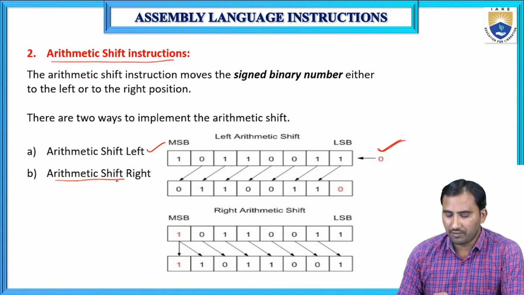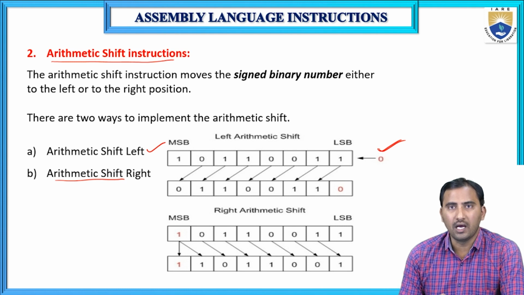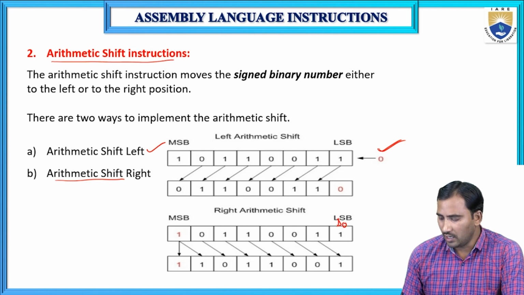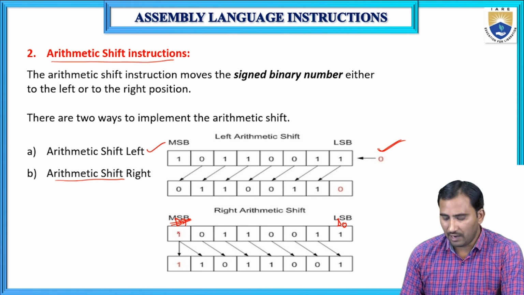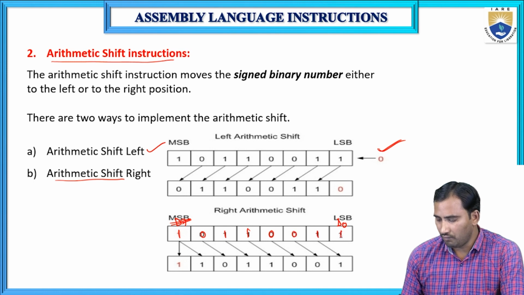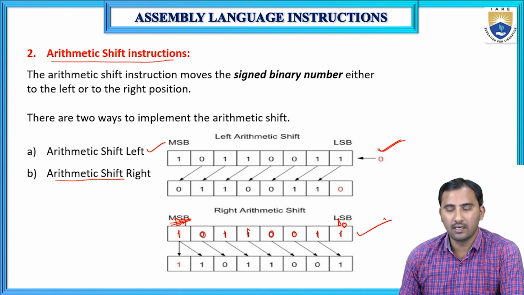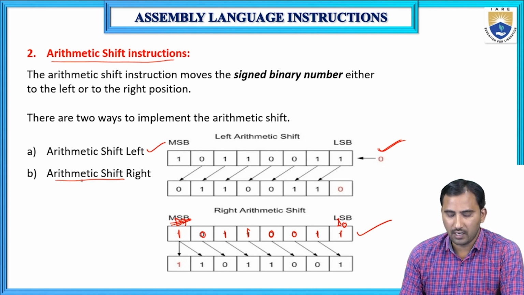So this arithmetic shift right, it preserves the sign. It preserves the sign. So that means here it is D0, it is D7. So for the signed numbers, the MSB position always represents the sign of the number. Okay. So that means here if the register is having 1 0 1 1 0 0 1 1, after performing arithmetic shift right, this MSB bit sign will be preserved.